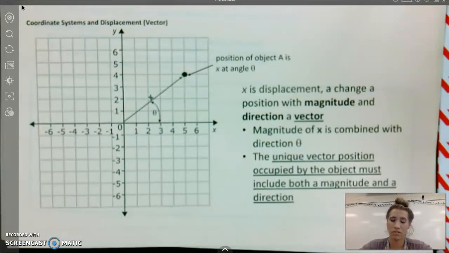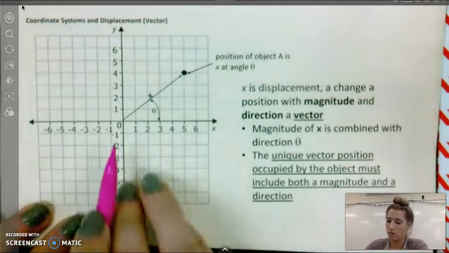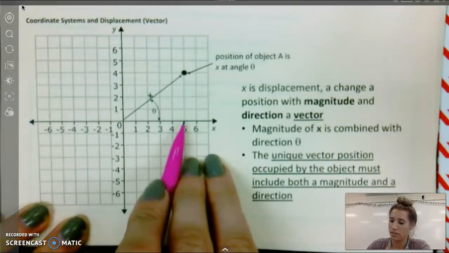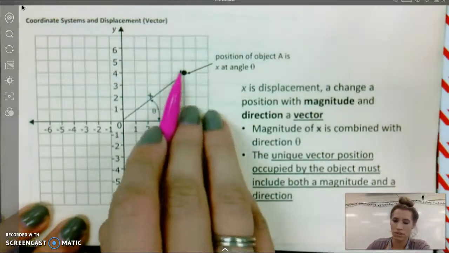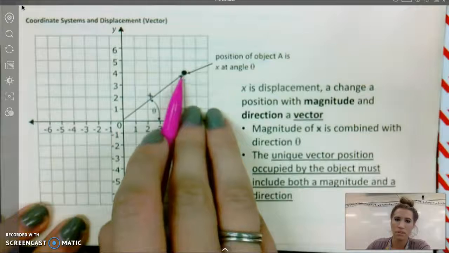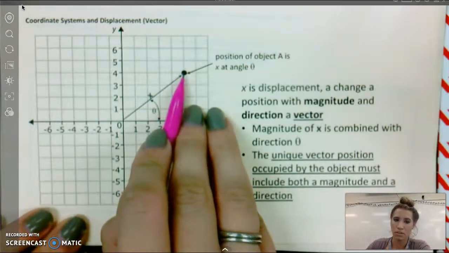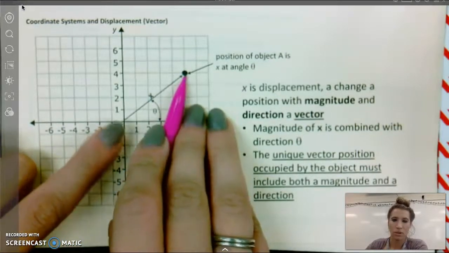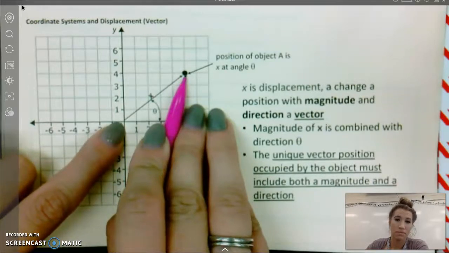Maybe a better way of thinking through it is we're going to travel some distance, so not necessarily displacement, but some distance in the x direction, and then we also travel some distance in the y. So we're walking, we're traveling, and then here we decide to travel this direction, so that was my distance. But my displacement is the difference between my position and the origin. So x would be my displacement.